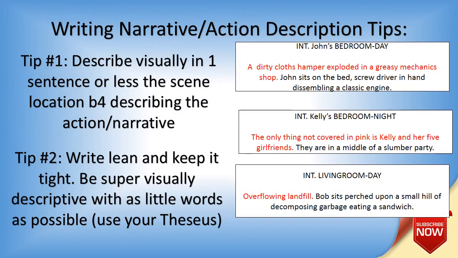So tip number 2, and then we'll come back to the examples. Tip number 2, write lean and keep it tight. Don't over describe. Don't put too many words. Be super visually descriptive with as few words as possible. Use your thesaurus. This is where it's going to come in handy to pull out your thesaurus and look up a bunch of synonyms.